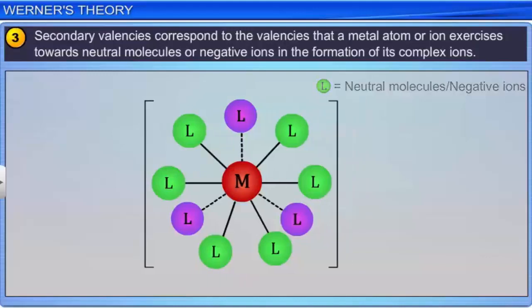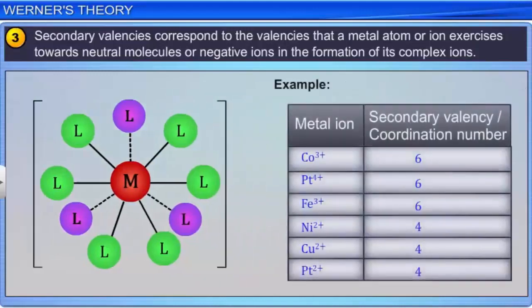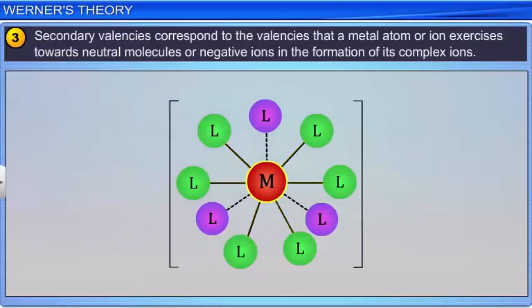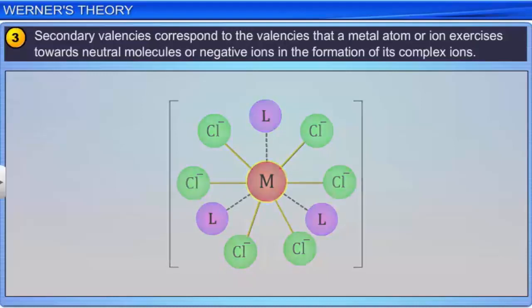Similarly, Ni2+, Cu2+, and Pt2+ ions have a coordination number of 4. Secondary valencies are non-ionizable. They are satisfied by neutral molecules or negative ions. The secondary valency is equal to the coordination number of the metal. For example, in the complex CoCl3·6NH3, the 3 chlorides are held by primary valencies and the 6 ammonia ligands are held by secondary valencies.